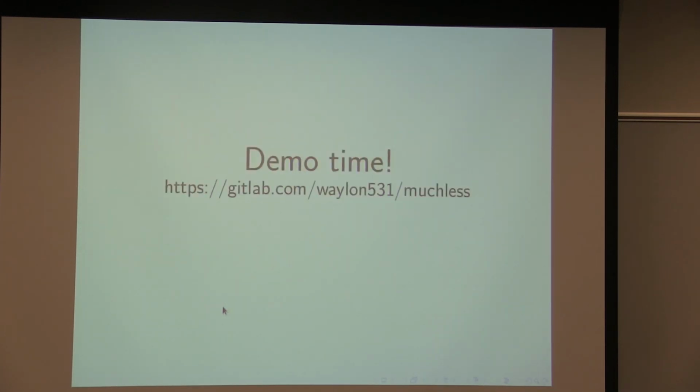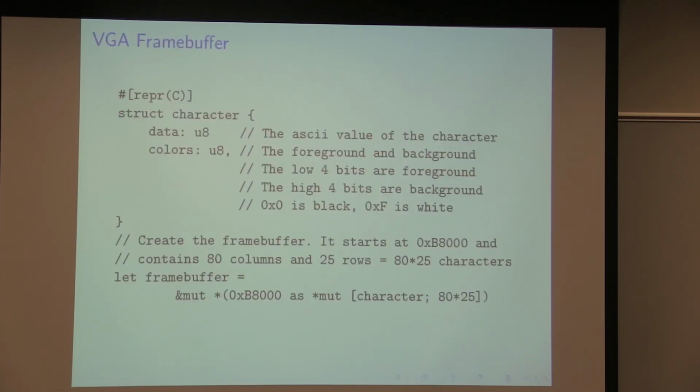All right, so you guys have probably already gone to this link. The operating system that I gave you is at the point where you can print stuff out to the serial port. There's a print line macro. The goal was to get you printing stuff out to VGA text mode.